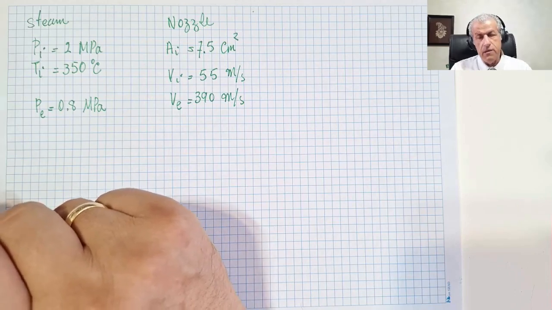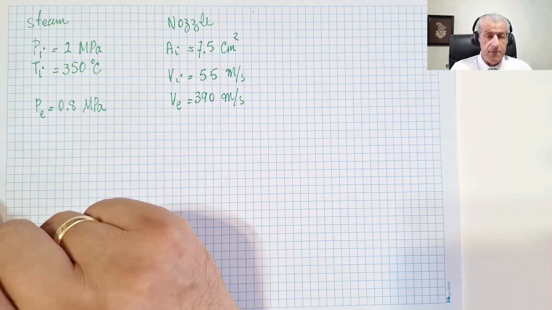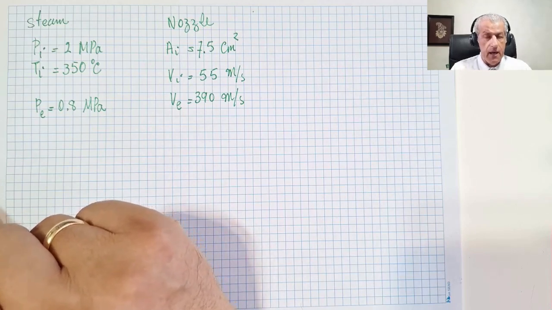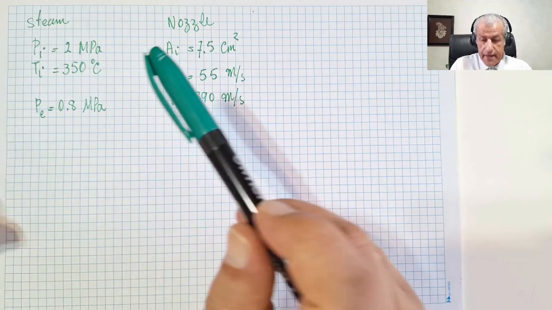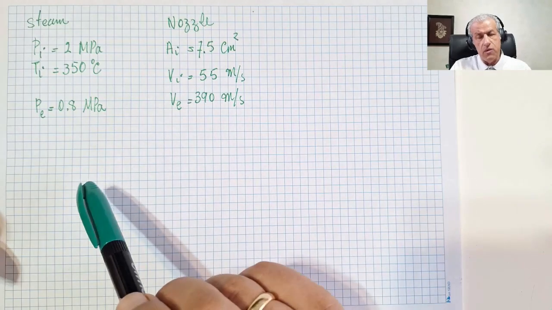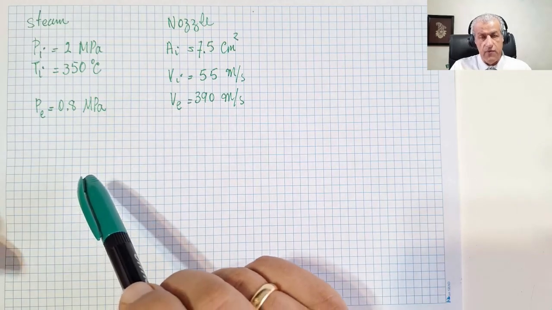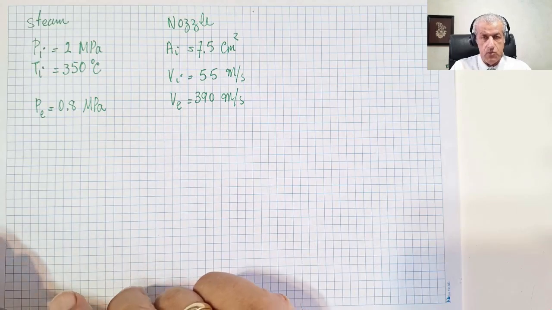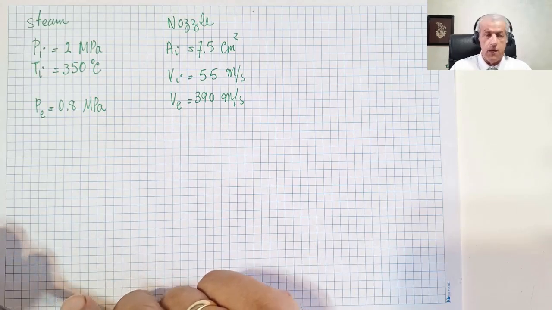Later on, we would send the same steam into a turbine, and instead of gaining some velocity difference, we would gain some work. And finally, we send it to a throttling valve and see what happens to it when it goes through a throttling valve.